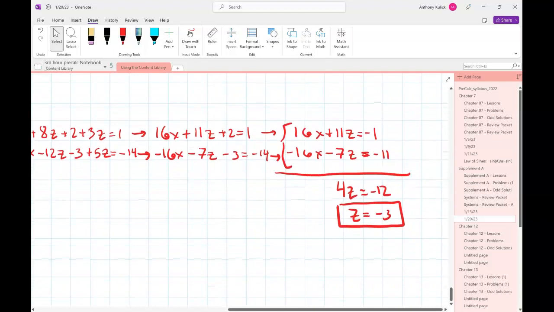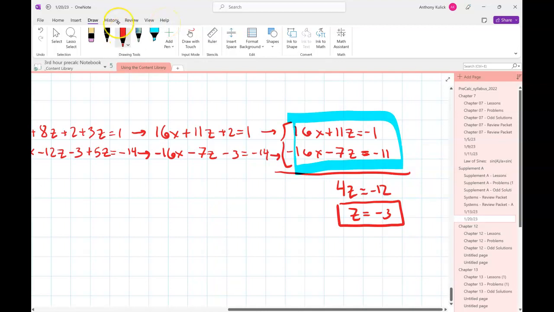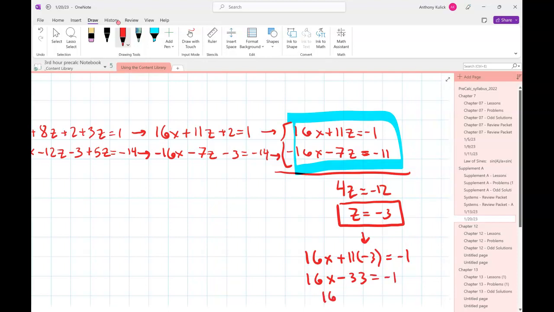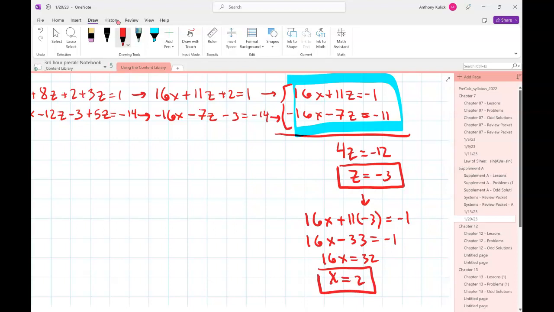So now to get my answer for x, I'm going to plug back into one of these two variable equations, it doesn't matter which one. I'll just use the first one. So add 33 to both sides and divide by the coefficient of x. I get x equals 2. And then what am I going to do from here?